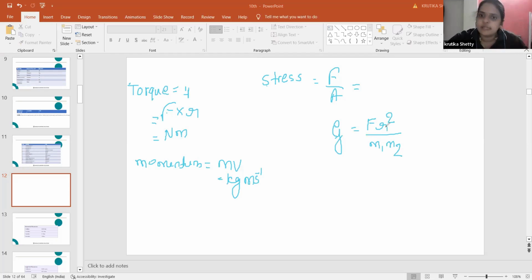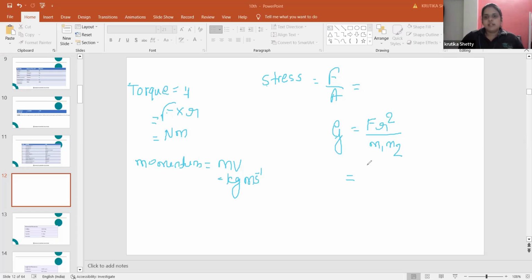F is a force, R is the distance, M1 is mass, M2 is also mass. So what is the unit of this capital G? You both can chat this or tell me through the message, in the chat box, whatever the unit of this capital G is.